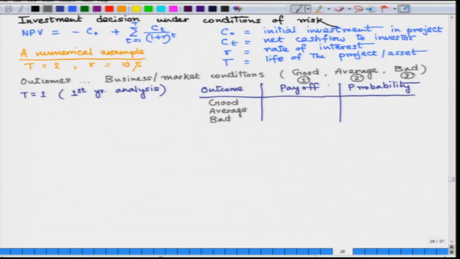Now let us assume that payoff is represented in Indian rupees. 22,000 if good state occurs; if it is an average market condition, then the net cash flow would be 18,000; and if it is a bad state of the world, not favorable market conditions, then we will receive 14,000 net cash flow, and there are probabilities for this outcome.